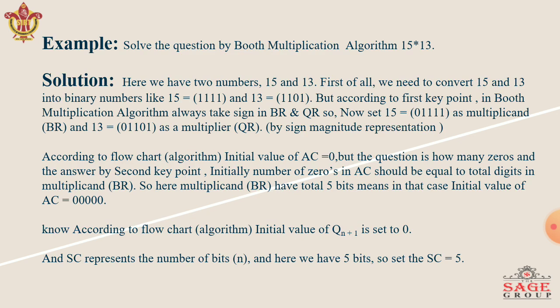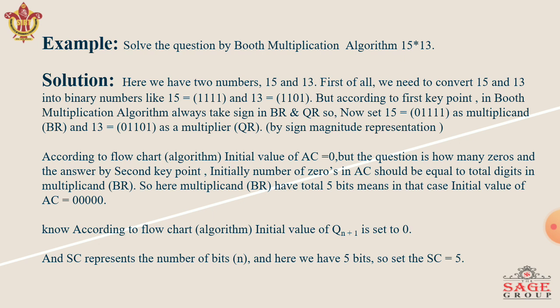Now here we solve one question by Booth multiplication algorithm. The example is: solve 15 times 13 by Booth multiplication algorithm. Solution: here we have two numbers, 15 and 13. First of all, we need to convert 15 and 13 into binary numbers, like 15 equals 1111 and 13 equals 1101.